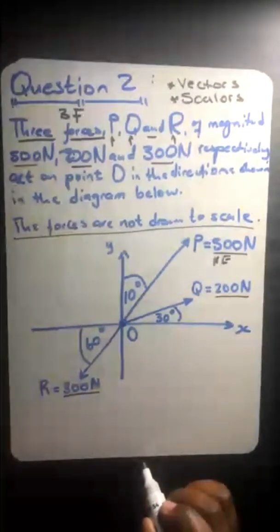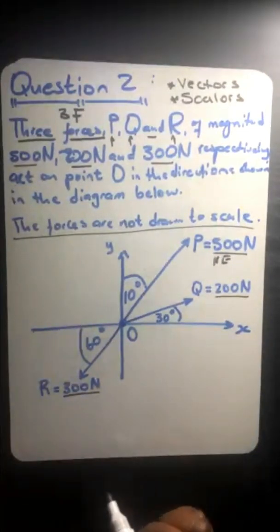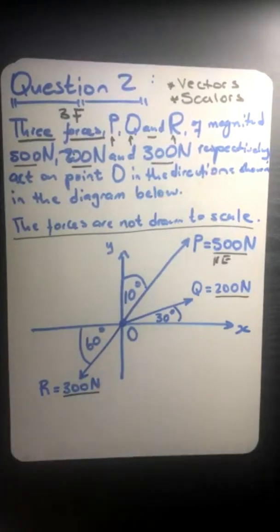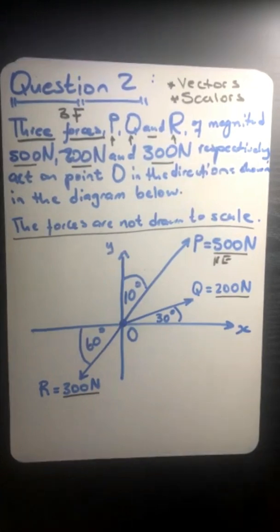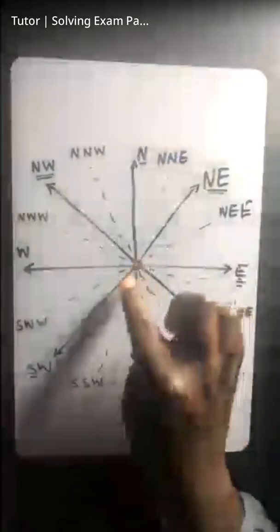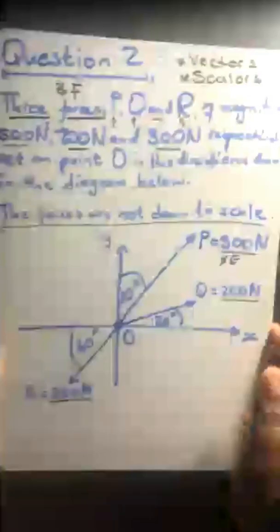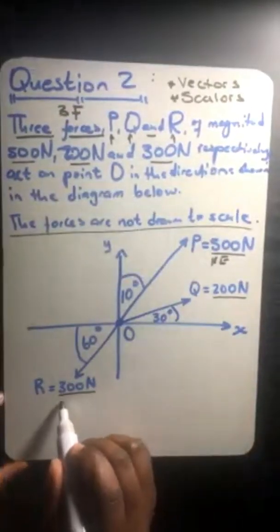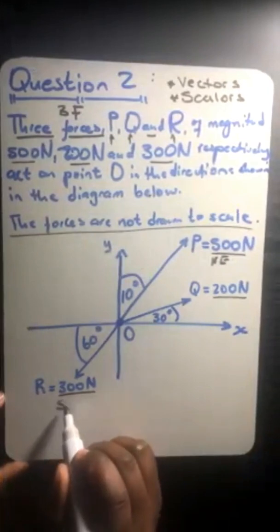Anyone to guess for force R? Shreyas, go for it. Southwest. Southwest, let's check. Southwest, of course, is also in that direction. Also southwest, it's acceptable. So let's say this one, it's southwest.